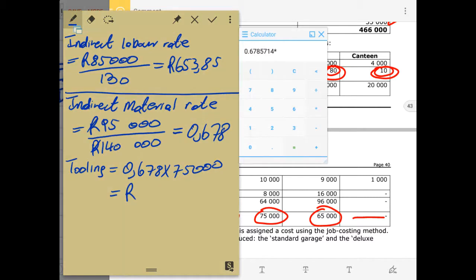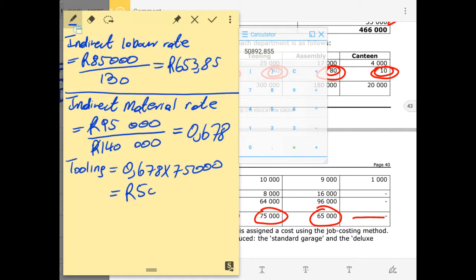We get to 50,892, which can be rounded off to 50,893.